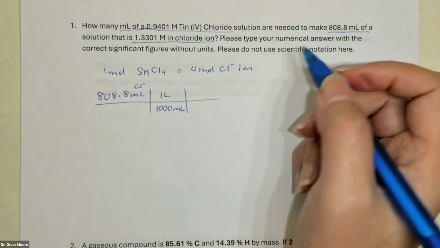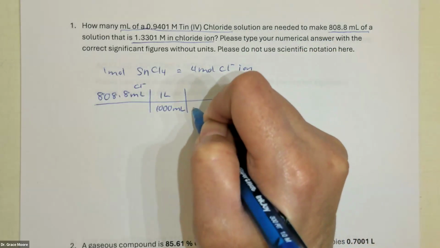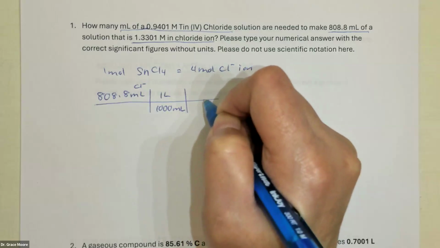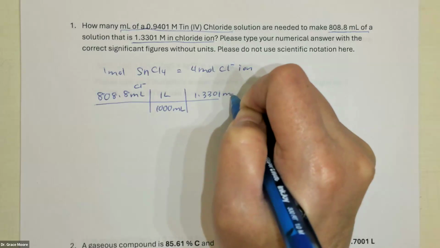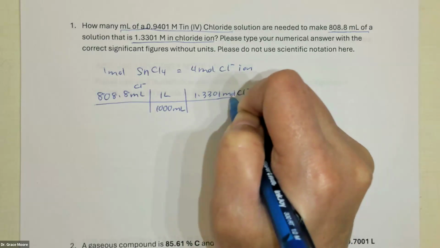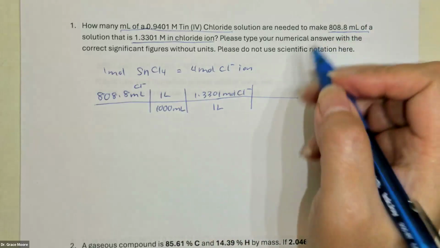I'm going to turn it into liters. And then I'm going to use my molarity that says it's 1.3301 moles of chloride ion found in 1 liter of the solution.